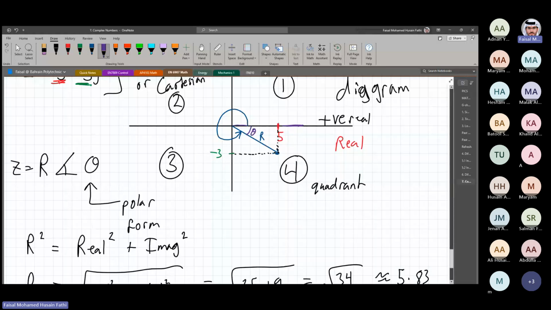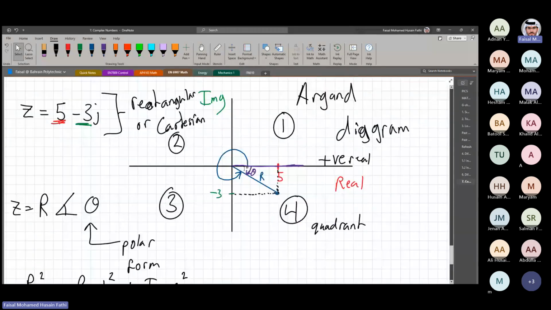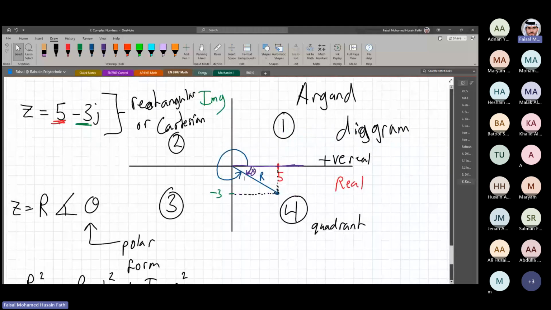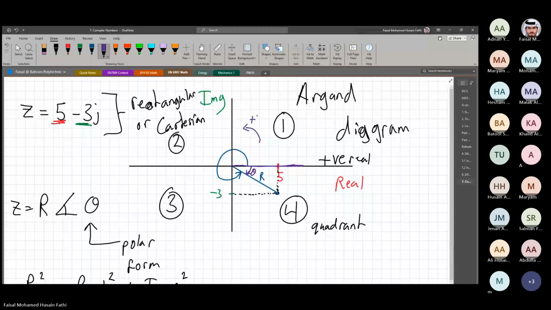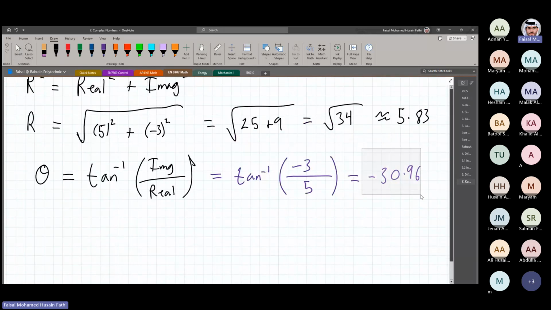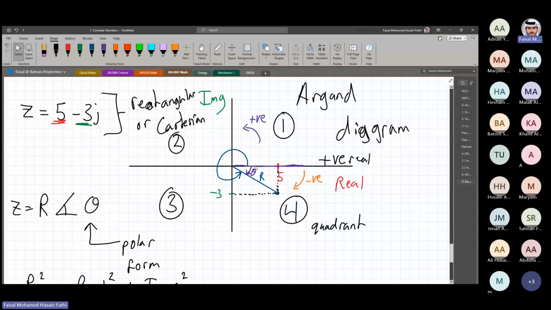So if you notice that this angle, it is going in the opposite direction. Which means the notation of it is just saying it's 30 degrees, not in the positive direction, because this is the positive direction. So it's saying, no, it's in the negative direction. It's going 30 degrees in the negative direction. That's all this is saying. So it's minus 30.96, meaning 30 degrees in the opposite direction.